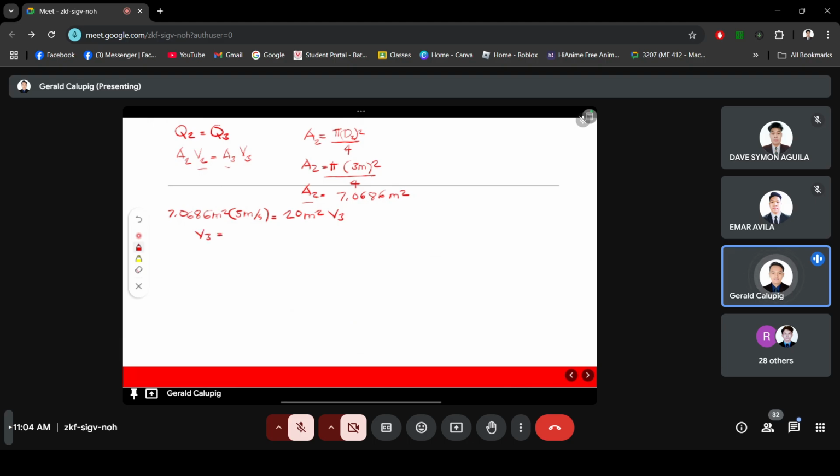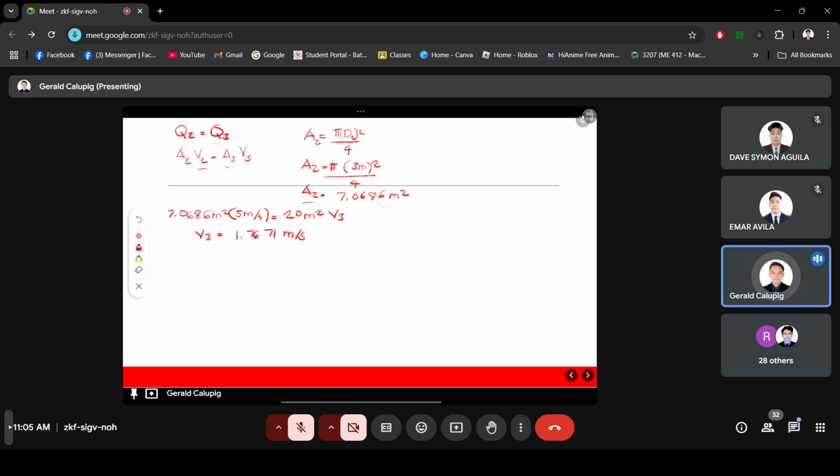Let's try to solve for our V3. We can have 1.7671 meters per second.